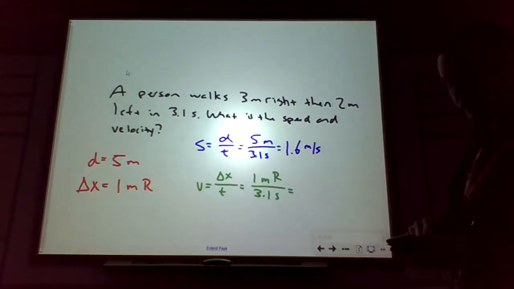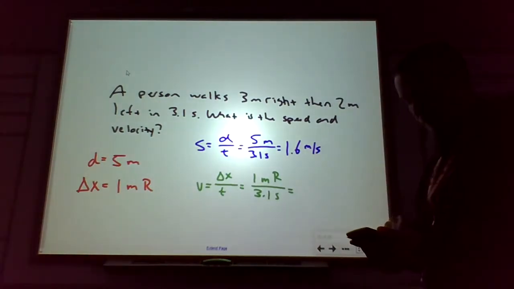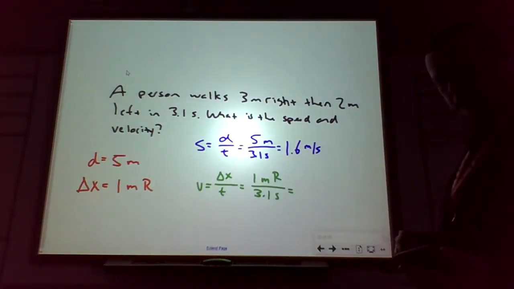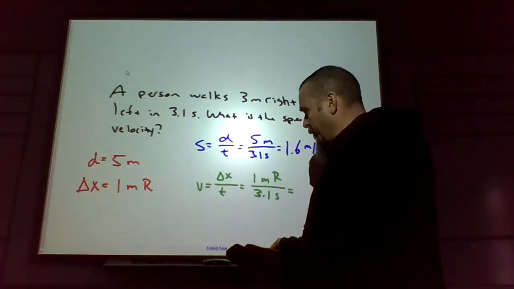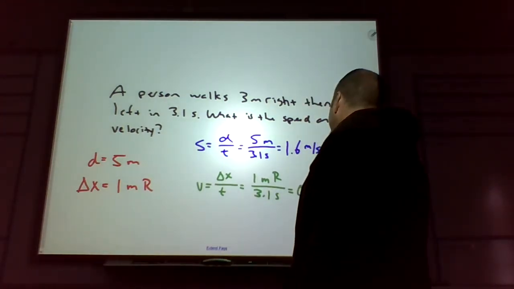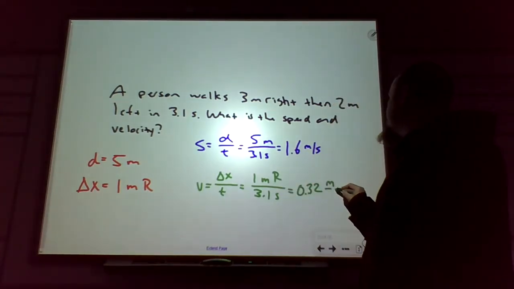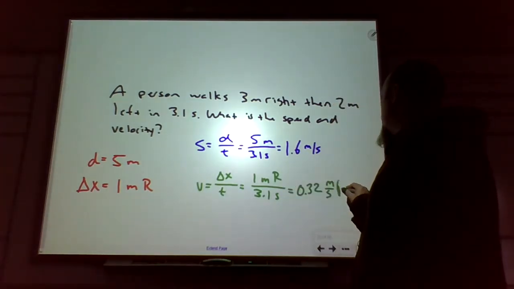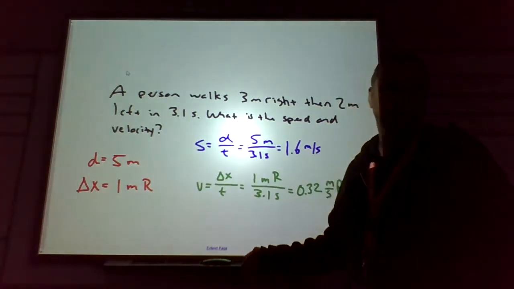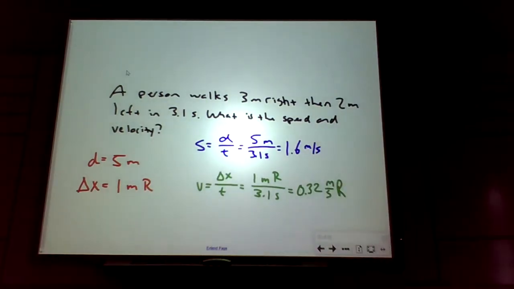They're taking the same amount of time. 1 divided by 3.1 is 0.322 something. I'm going to round that to 0.32 just because. It would be meters per second, but we also want to carry that direction over to the right because it is a vector quantity.